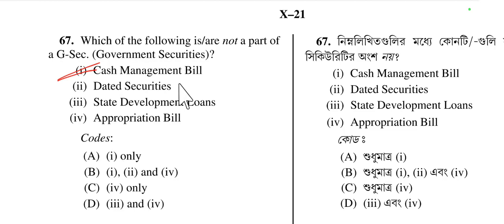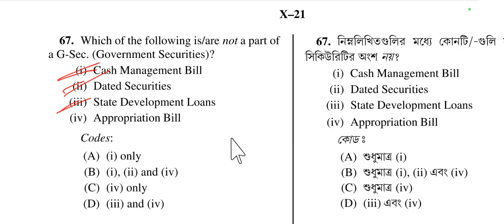Then option 2, dated securities. These are long-term government securities issued by the central government, so these are also part of government securities. Then state development loans. These are bonds issued by the state government and are considered part of the government securities as well.